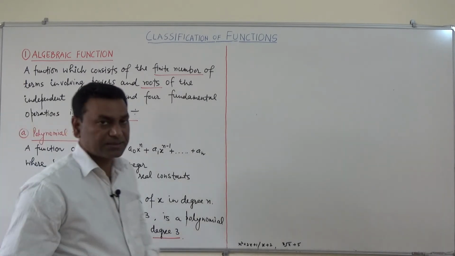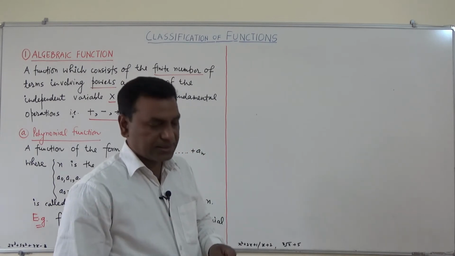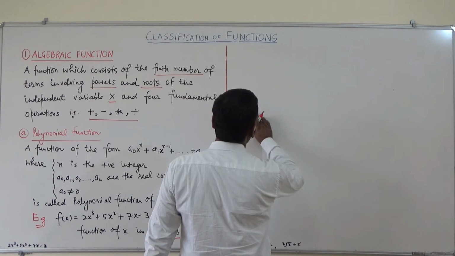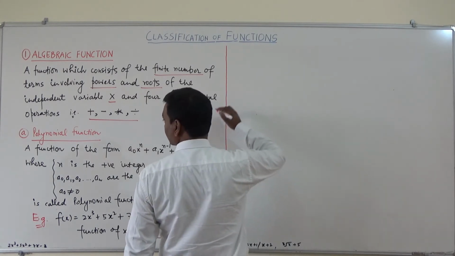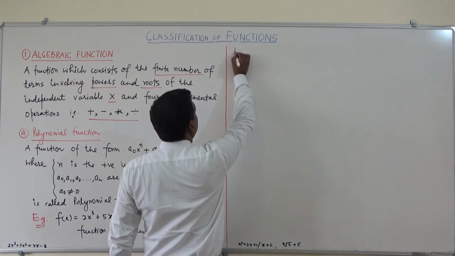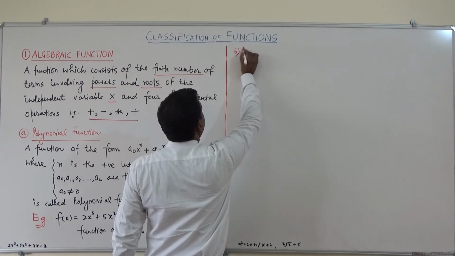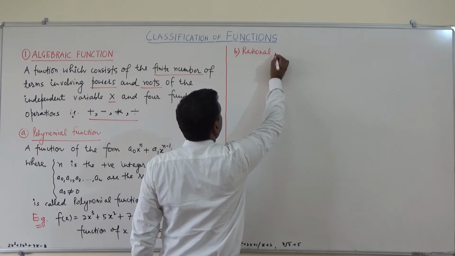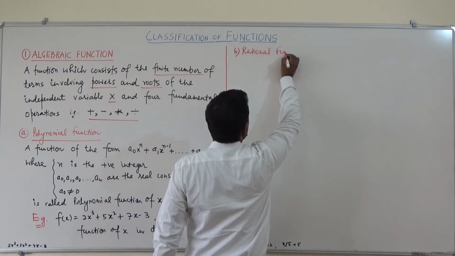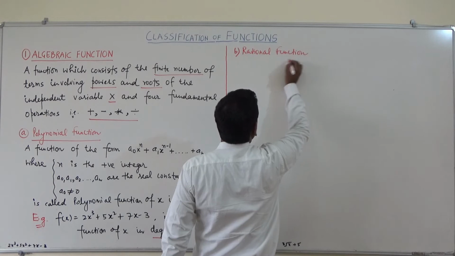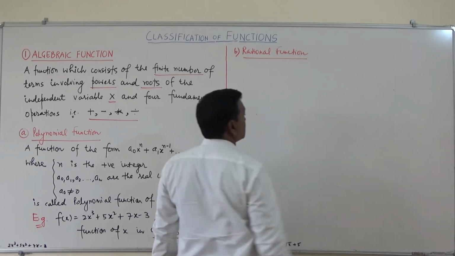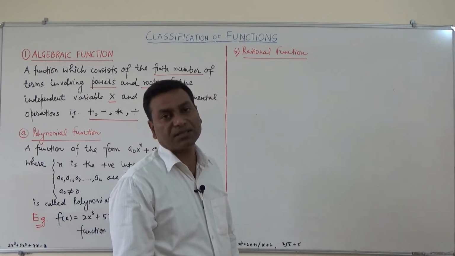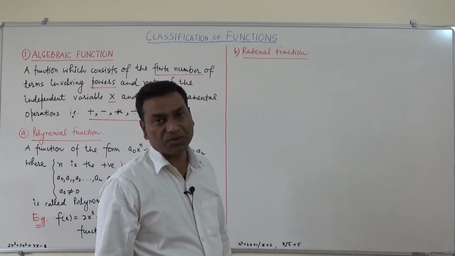Now we will see its second category. Its second category is rational function. So let us say this is b, rational function. It is based on the rational numbers, as we are familiar with the rational numbers, a number of the form p upon q.